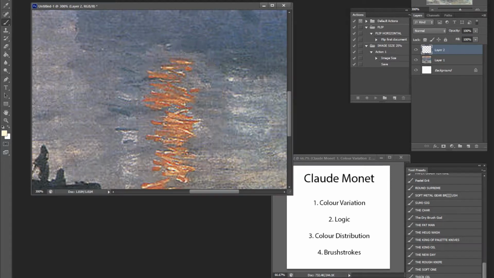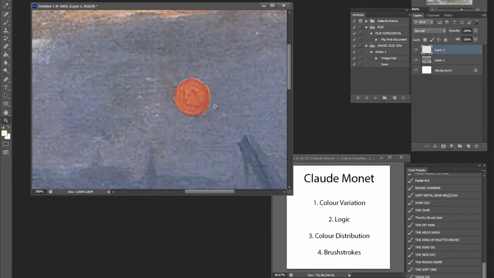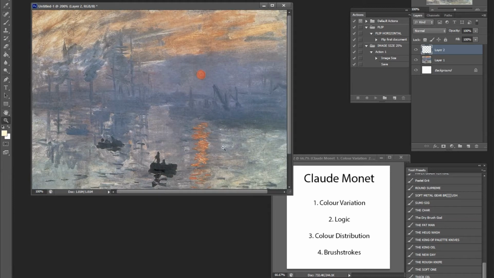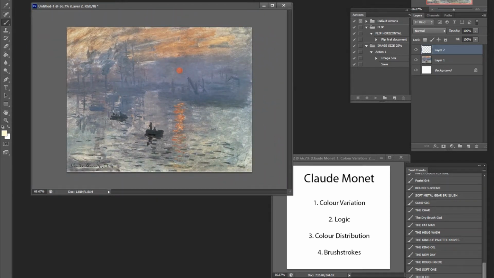So there are little spots of really sharp reflection, and then there's the orange of the sunset, of course. And again, I don't care how you do it. There are a ton of ways to create color variation depending on your style, but always be aware of whether your work is starting to look a bit stagnant when it comes to certain masses.